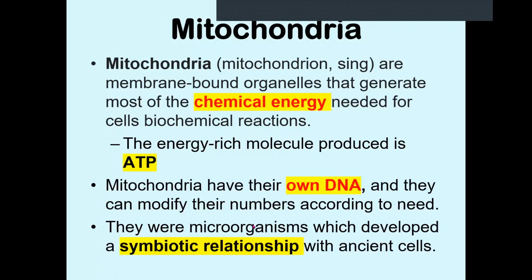The idea goes that they were once microorganisms, like bacteria, a long time ago, and they were picked up by new eukaryotic cells, ones with a nucleus. They formed a symbiotic relationship, so that these little bacterial-type things, which we call mitochondria, were protected and fed, and then they were able to produce energy, which the bigger cell, the eukaryote, was able to use.